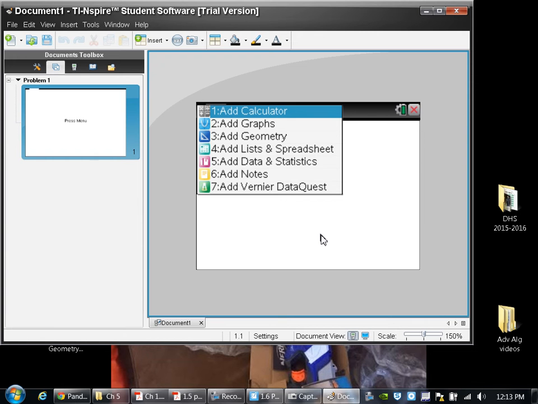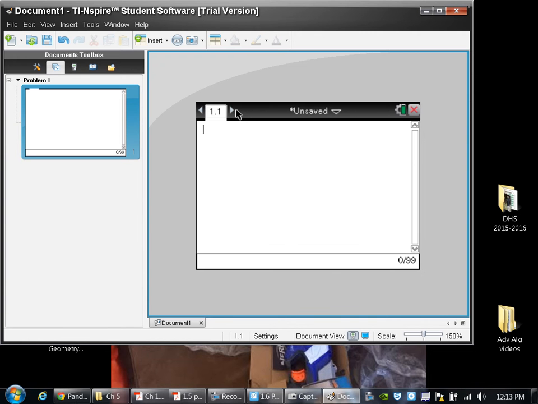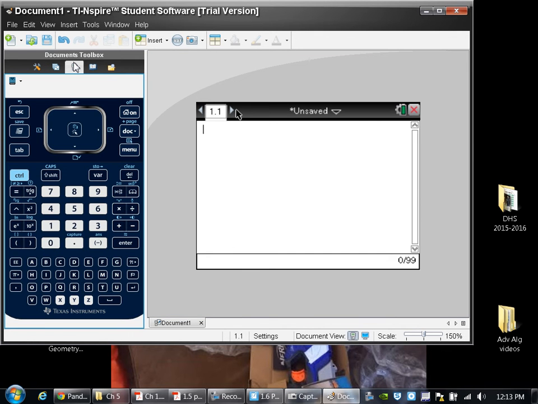Let's see how this works. Where's the key buttons? It's just started working today. Where's the touch pad? Oh, here it is. Found it.